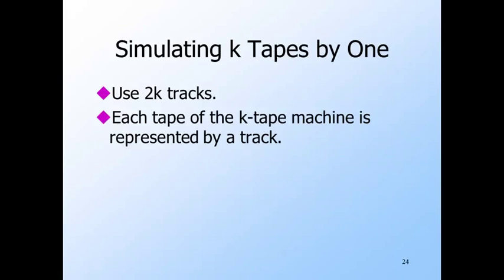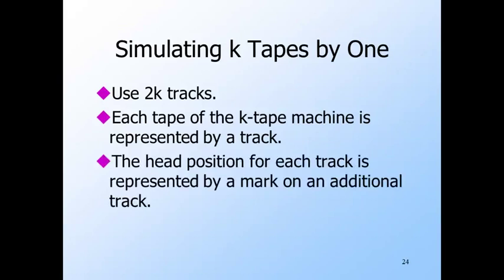To simulate k tapes, we'll use a Turing machine with a single tape, but we'll regard this tape as having 2k tracks. K of the tracks are used to simulate each of the k tapes, while the other k tracks are used to mark the head position of each of the tapes. That is, these tracks are blank except for a single X in one of the squares.